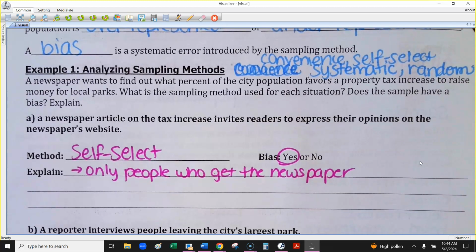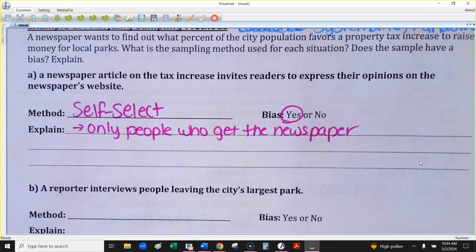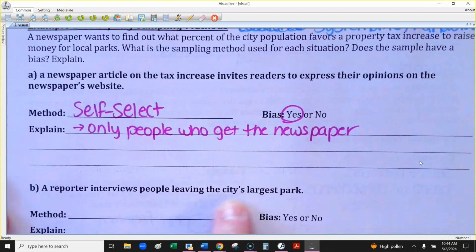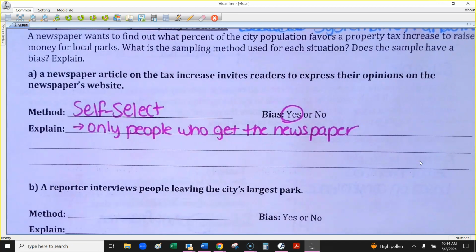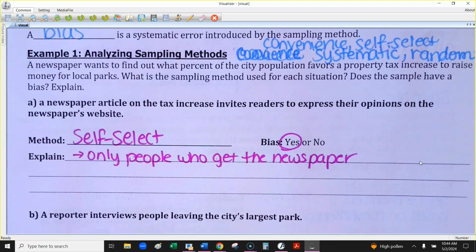Okay. Now, the same scenario: we're trying to figure out if we want to get a property tax for local parks. This says, a reporter interviews people leaving the city's largest park to get their opinion. So is that convenient, self-selected, systematic, or random?